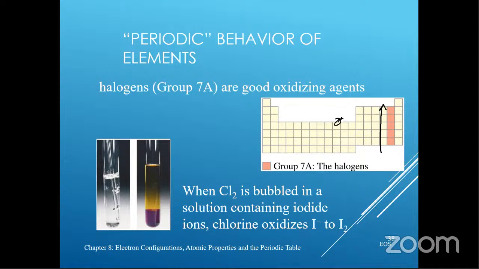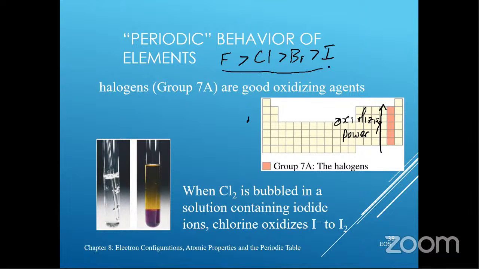So oxidizing power increasing as you go up group 7. So therefore what that means is that fluorine is a stronger oxidizing agent than chlorine, which is a stronger oxidizing agent than bromine, which is a stronger oxidizing agent than iodine.